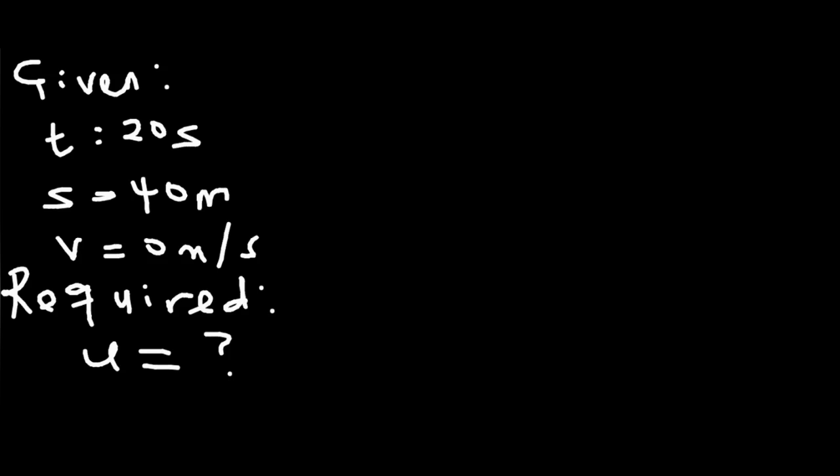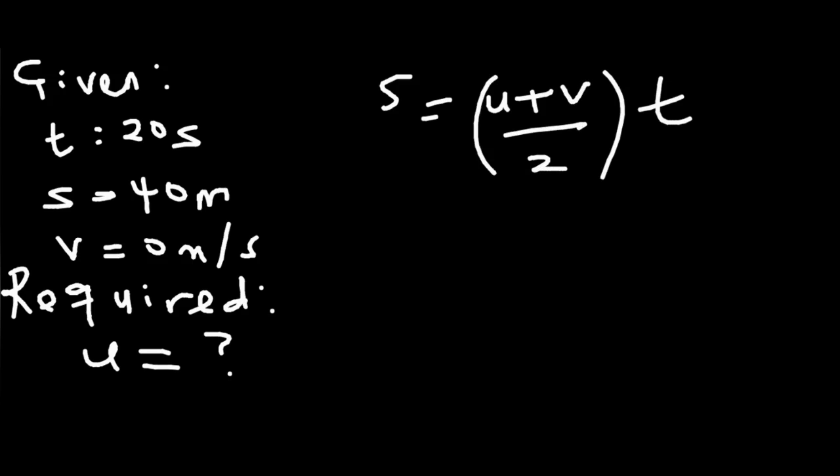Now, considering the equations of motion, the equation that can be used to solve this particular question is the first equation, which was given as S equals (U plus V) divided by 2, multiplied by T. From this equation, we have that S equals 40.